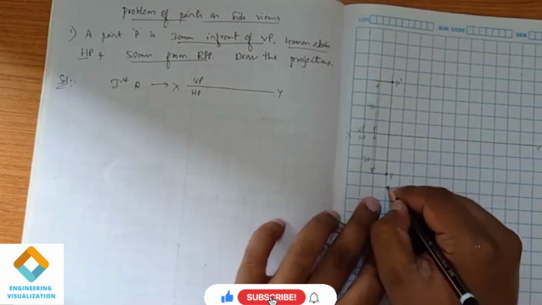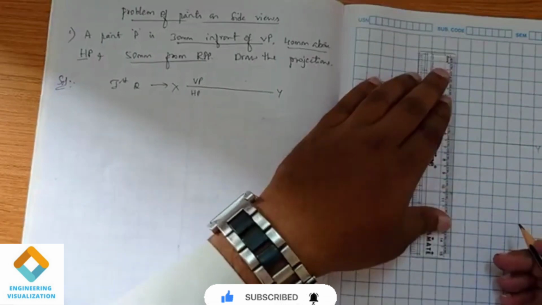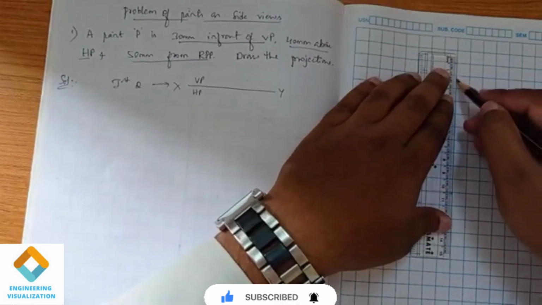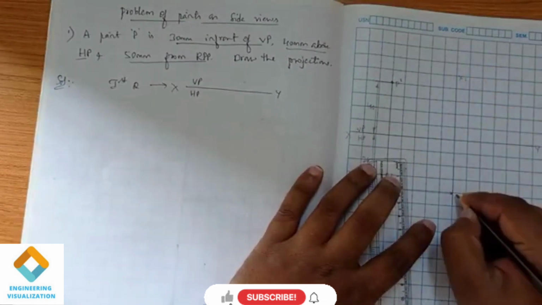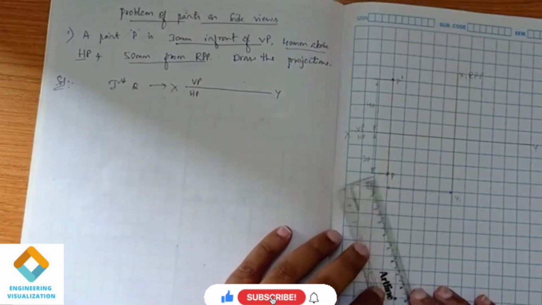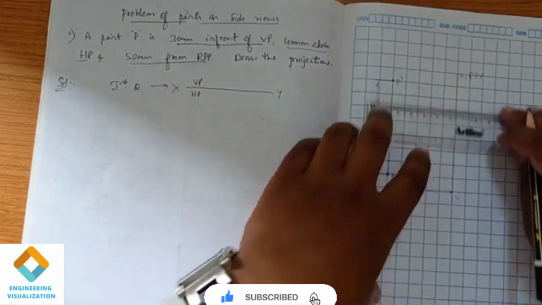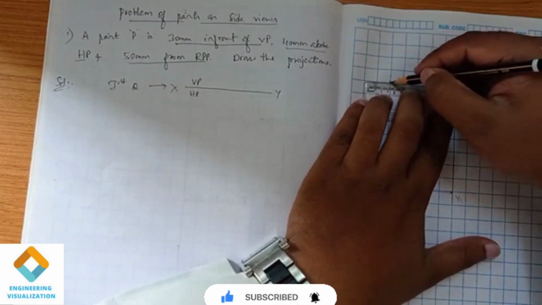Keeping this distance of 5 boxes, here we are going to draw the x1 y1 line because it is 50 mm from RPP. So this is x1 y1, RPP, right profile plane.